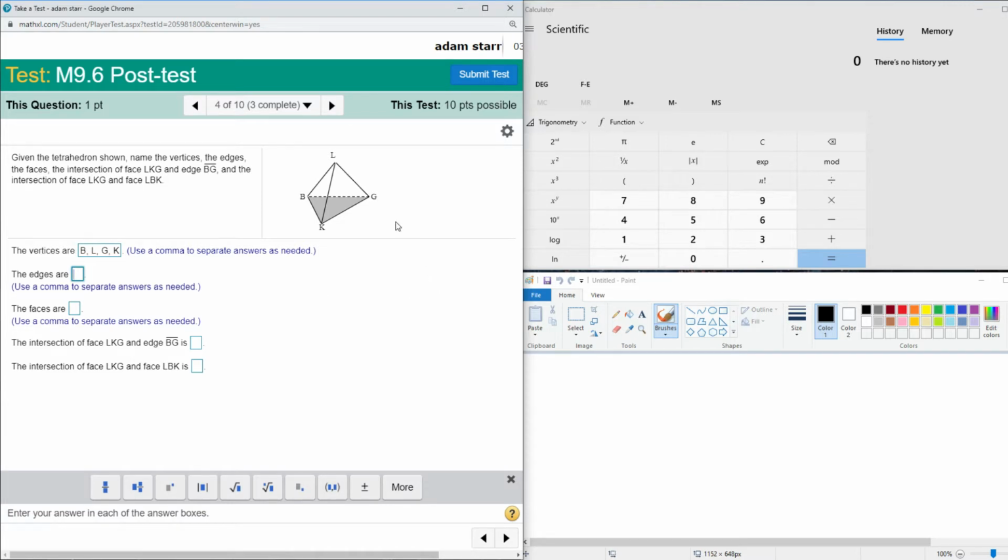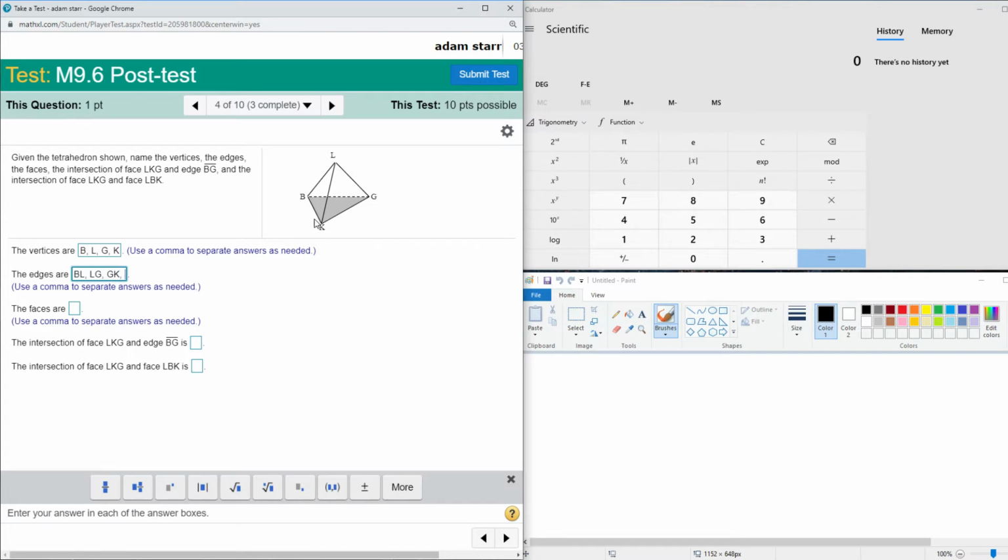The edges are what connect two vertices. So I'm going to be very careful that I type these correctly. I'm going to first go on the outsides. So first I have this edge, BL. That's from this vertex to this vertex, BL. Then I have LG. That's this edge. Then I have GK.